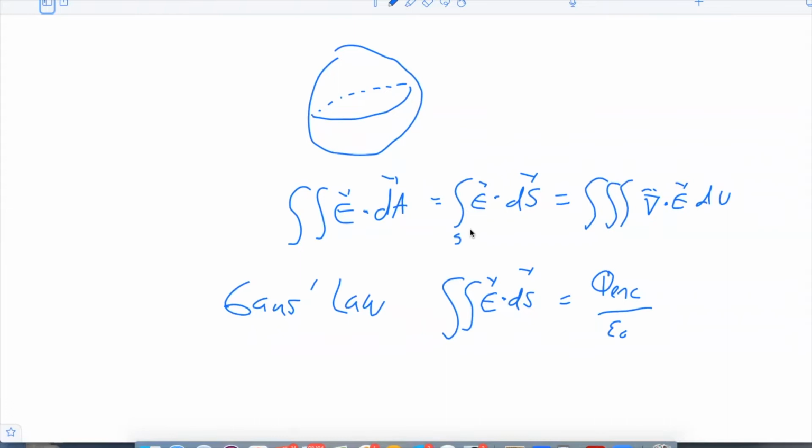There's an easy shortcut. So if I've got some charge here of 1 billion coulombs, and I want to know what the flux through this surface is.